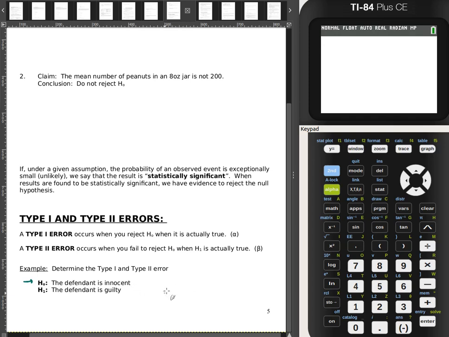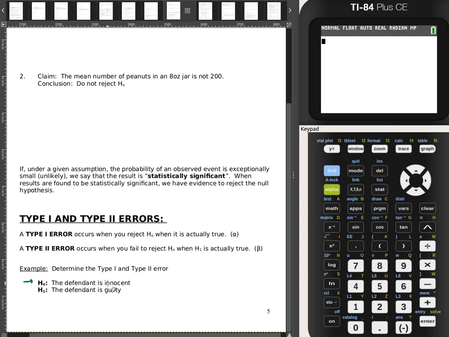And of course, in the United States, we're supposed to be innocent until proven guilty. So the default is that a person who is suspected of a crime is innocent. There must then be sufficient evidence put forth to reject the null hypothesis, and to conclude that the person actually is guilty.